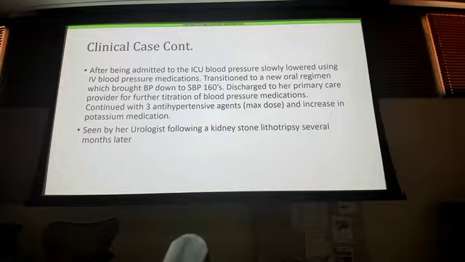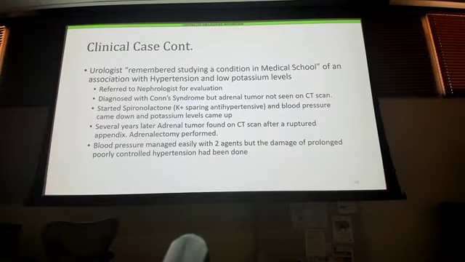She continued with 3 antihypertensives at max dose, and she continued to have problems getting her blood pressure down to goal. Now she had kidney stones, and she went to see her urologist, and the urologist said, "I remember studying a condition in medical school where hypertension and low potassium went together, but I can't remember what it was. Let's send you to a nephrologist."